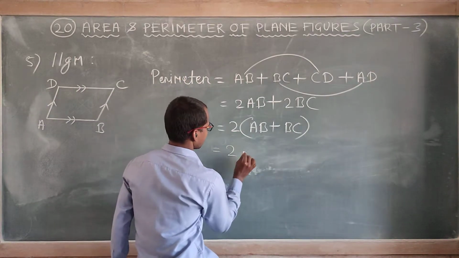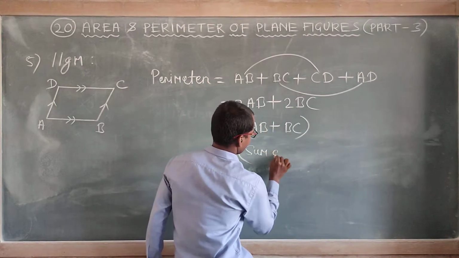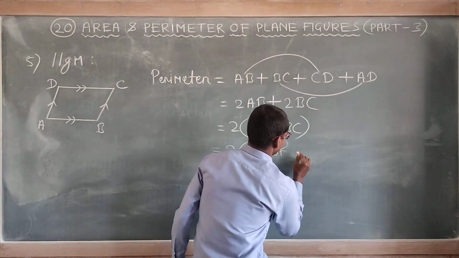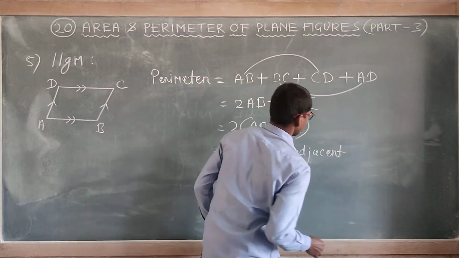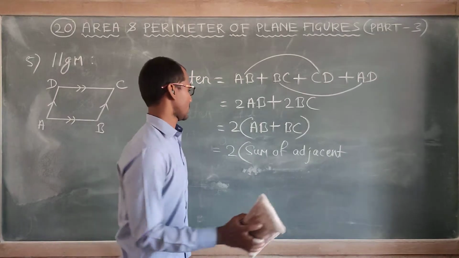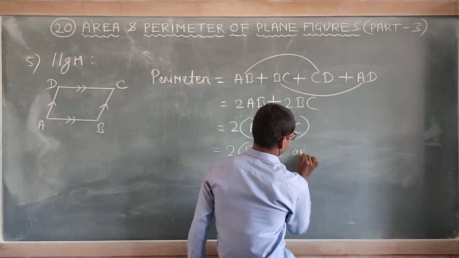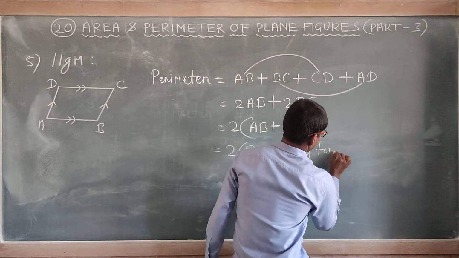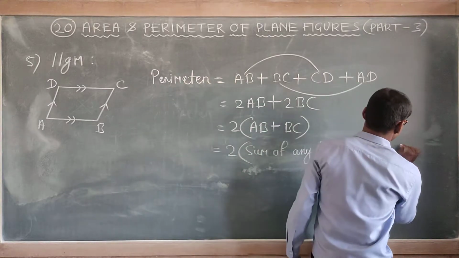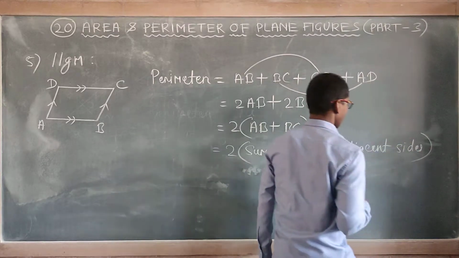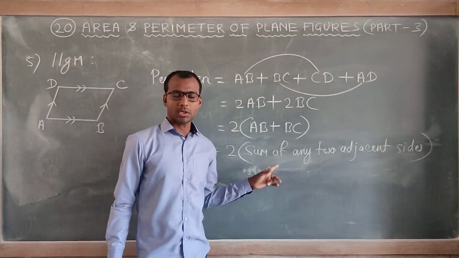So we can generalize this. Perimeter is equal to 2 whole into the sum of any two adjacent sides.